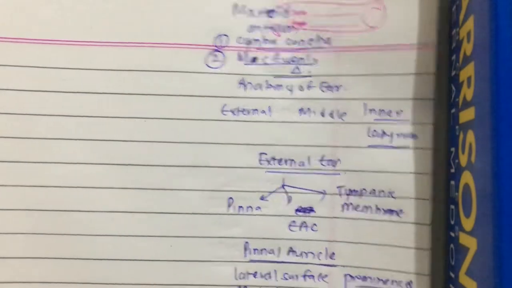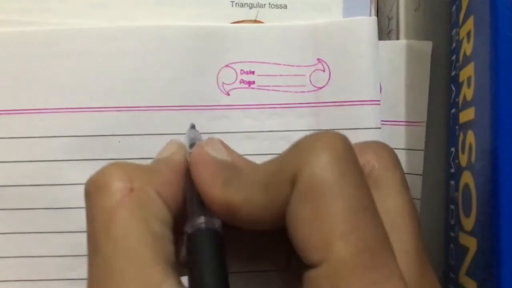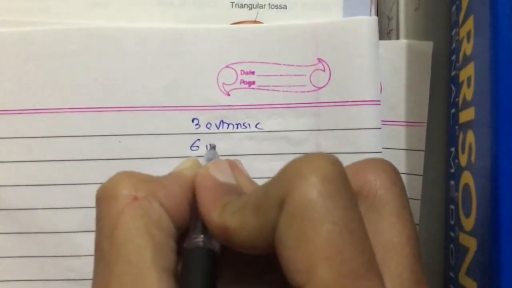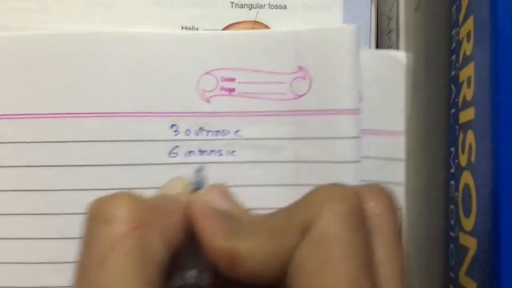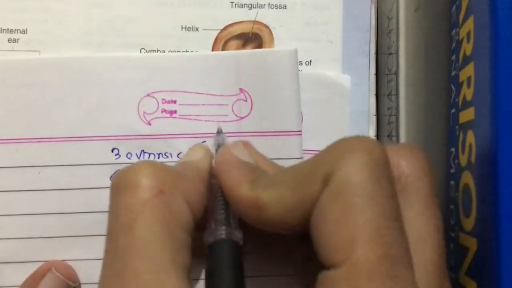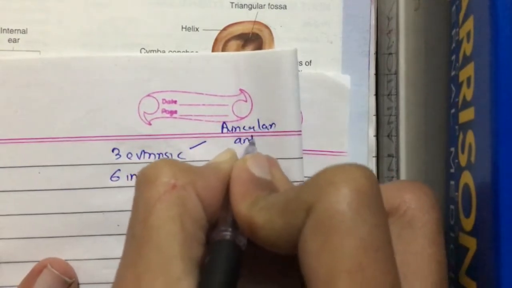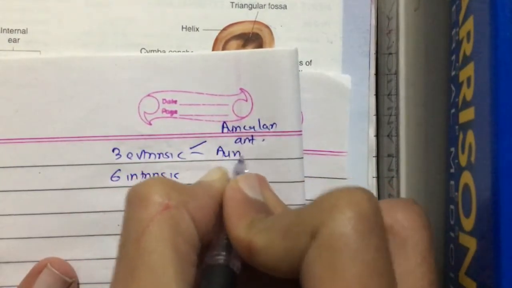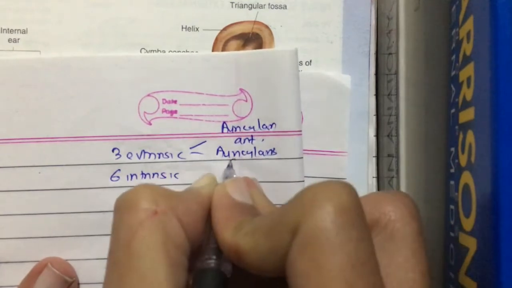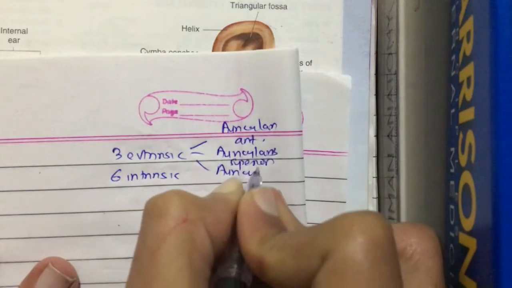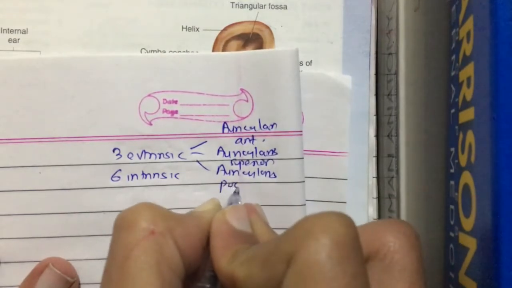Pinna has 3 extrinsic muscles and 6 intrinsic muscles. The extrinsic muscles of the pinna are auricularis anterior, auricularis superior, and auricularis posterior.